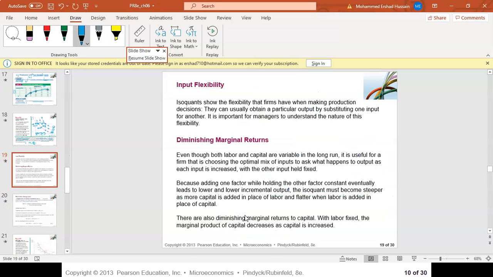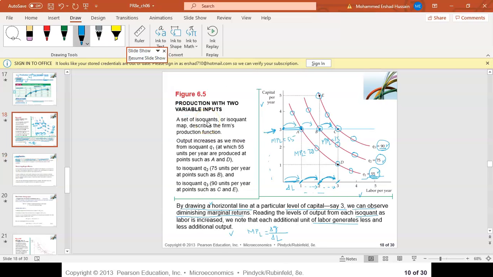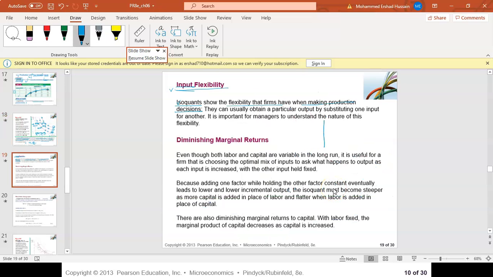Now the next thing, we talk about input flexibility. Isoquants show the flexibility that farms have when making production decisions. This means there are different ways to produce the same amount of output, different combinations of labor and capital. They can usually obtain a particular output by substituting one input for another. So here we are substituting labor for capital.